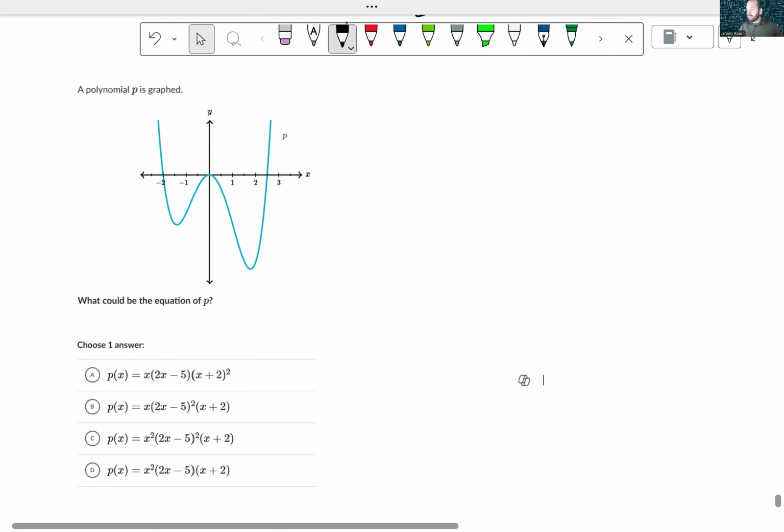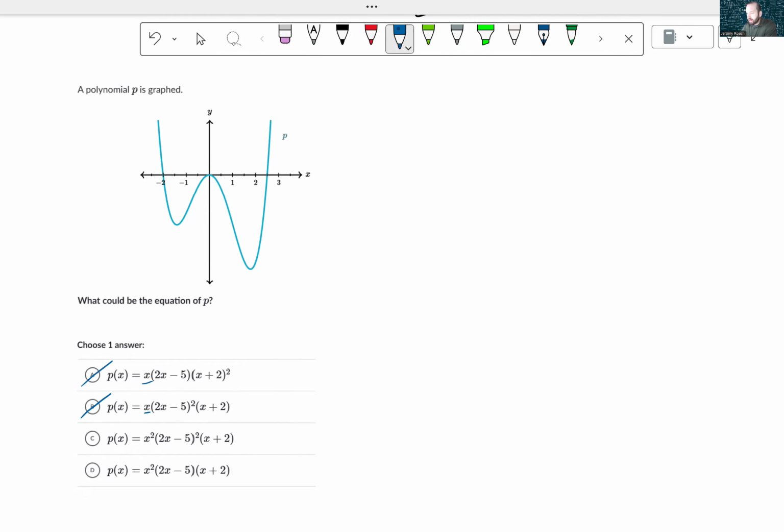So the blue line would actually continue this way somewhere. Not necessarily in a straight line, but it would cross the x-axis and go in some direction. So it can't be A and it can't be B just because of those facts right there.